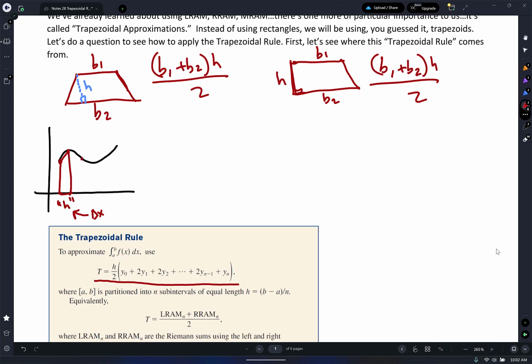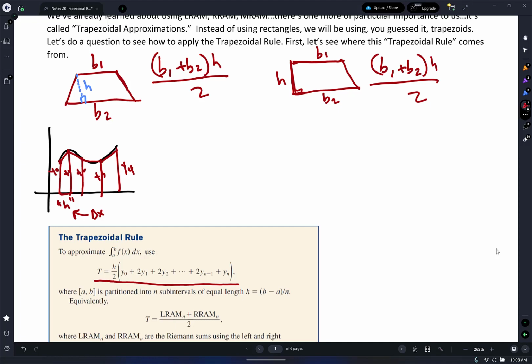Then we have another trapezoid here, and another trapezoid, and then another trapezoid. And since we're already talking about this, we'll go ahead and derive this formula. y0, y1, y2, y3, y4. What is this y? The vertical length. That makes sense? So how do I find the area of these trapezoids?